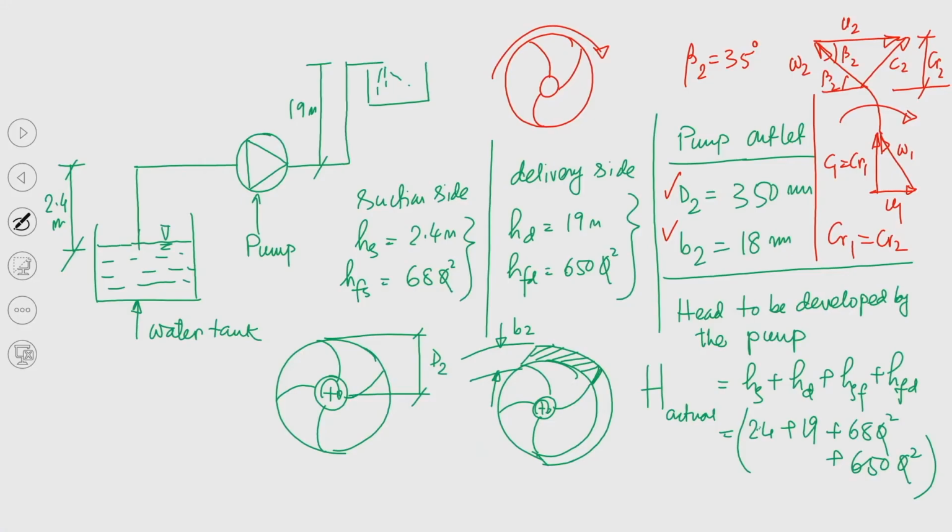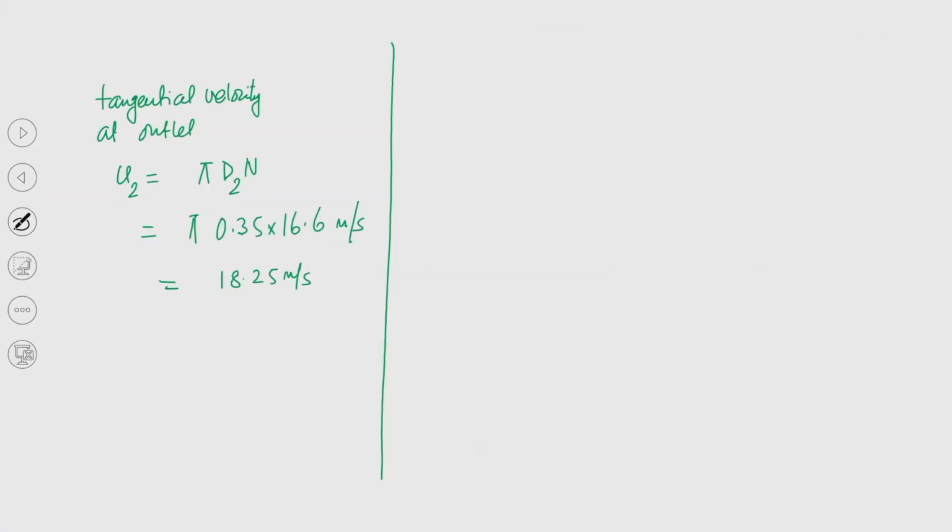Okay. So, now we know that flow rate Q equal to flow velocity, I am writing it, that will help you understand the problem in a better way, into flow area.